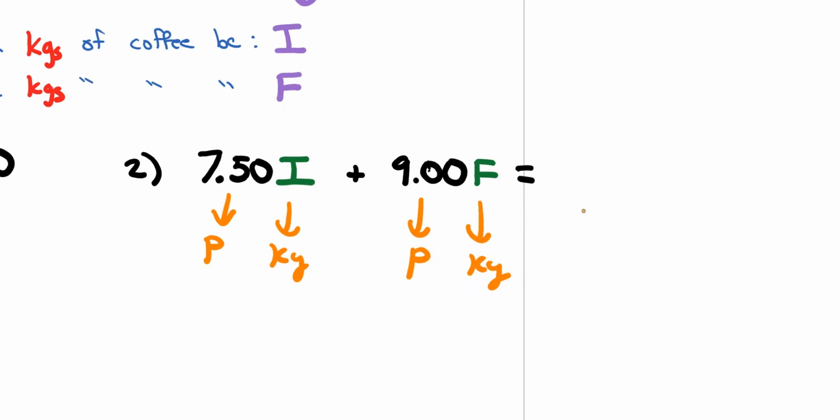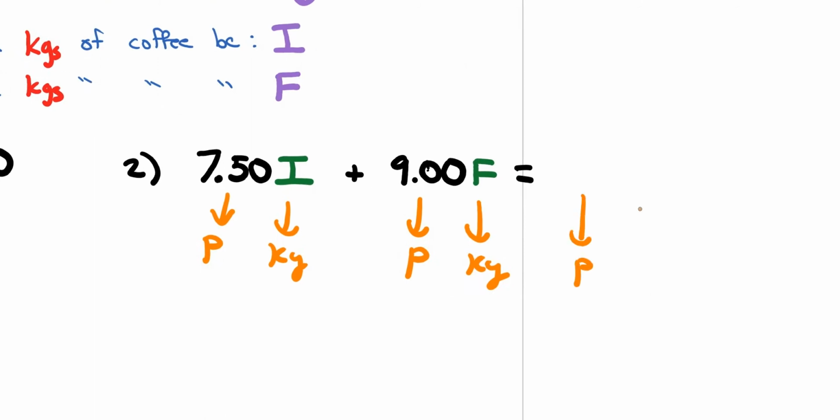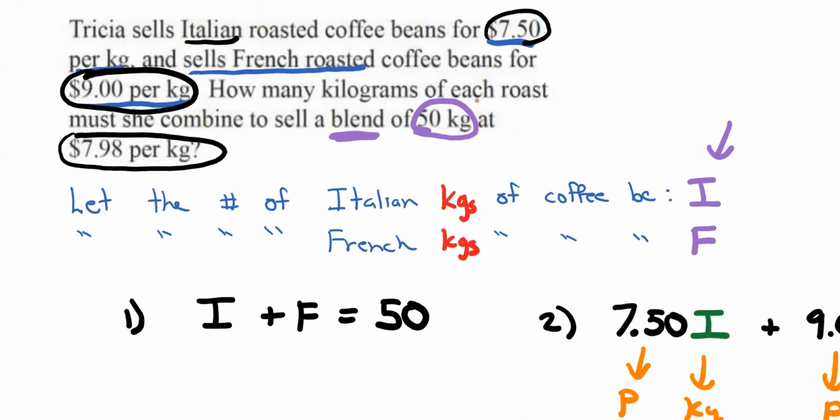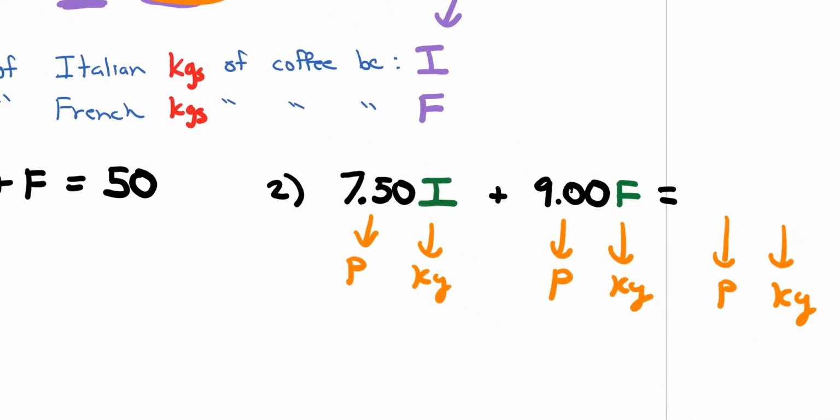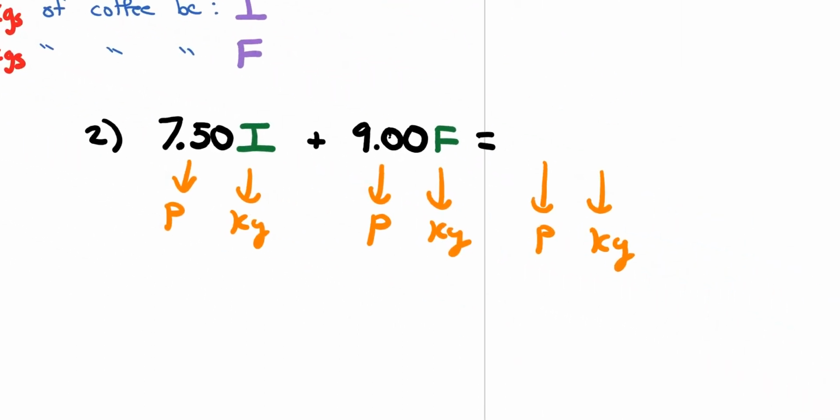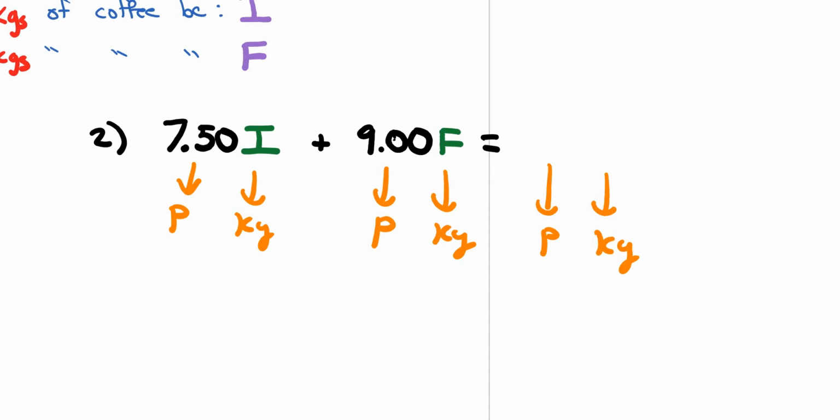So if you think about this logically, this should equal some kind of price and some kind of kilograms. Well, look at the problem here. I want 50 kilograms at $7.98. So in order to finish that part off, I would need to have the price, which is $7.98, and the number of kilograms, which is 50. And that's how you can set up your second equation there.